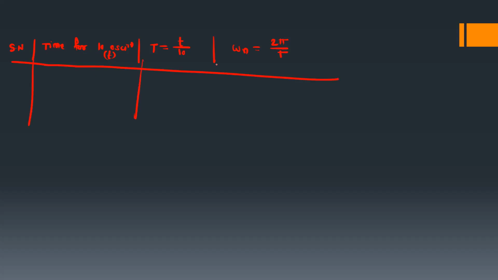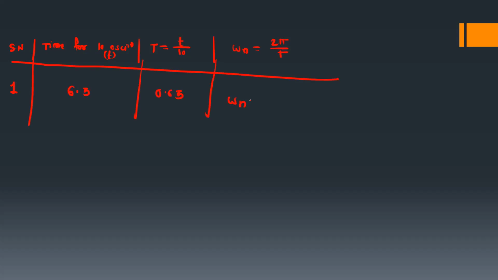For the parallel arrangement, you have to draw the same observation table: the serial number, the time for 10 oscillations, small t, capital T, the time period, which is small t upon 10, and omega n, which is equal to 2 pi upon T. The time period is 0.63, so you can take the time for 10 oscillations as 6.3.